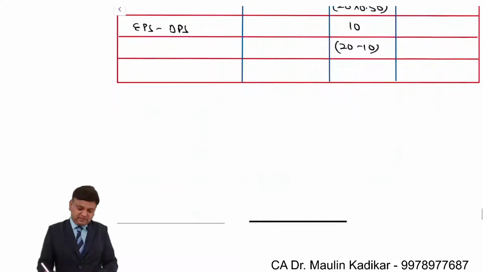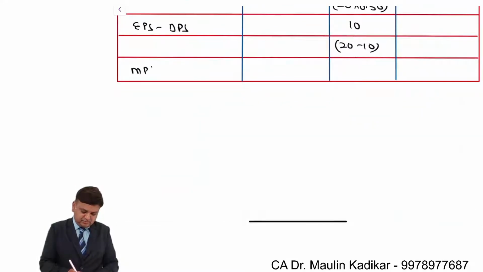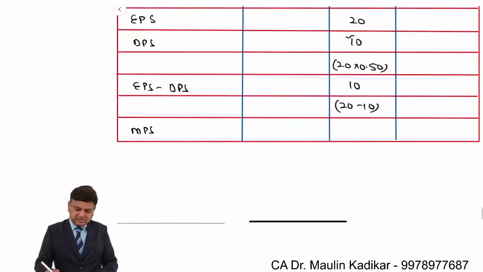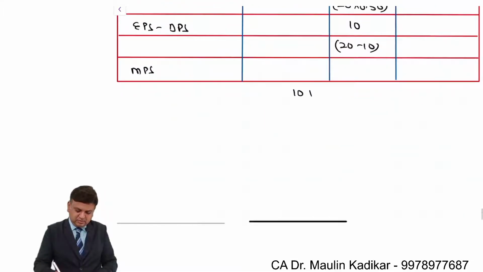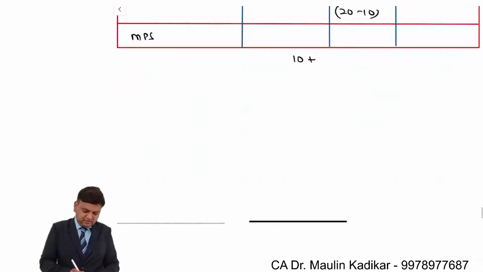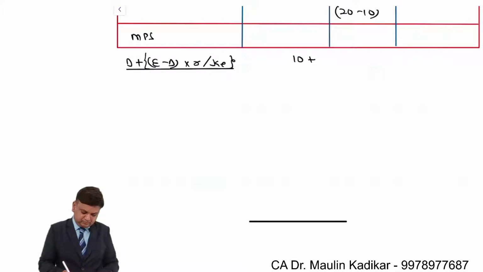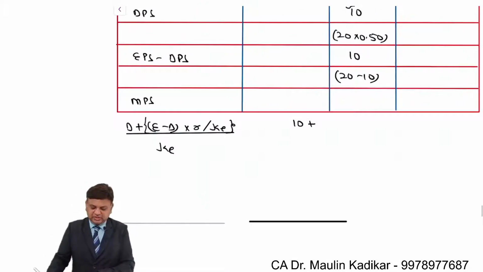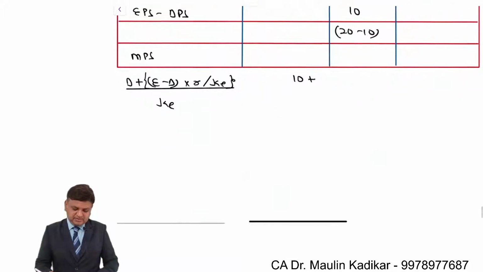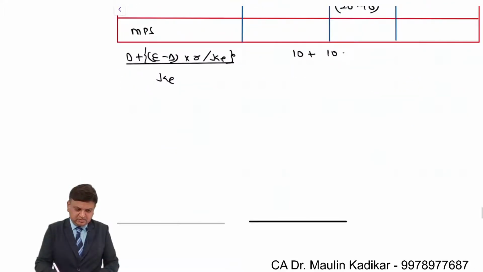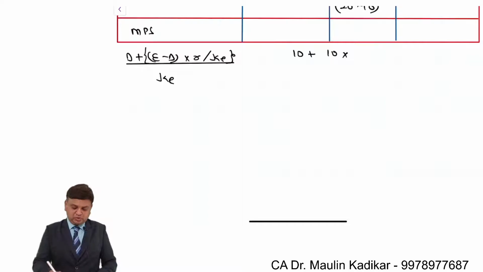Now based on that we can compute the market price of the share. What is dividend per share? It is 10 plus, okay, the formula is dividend per share plus earning per share minus dividend per share into R upon K, whole upon K. Okay, so the dividend per share is 10 plus retained earning is once again 10 into R is 0.20.